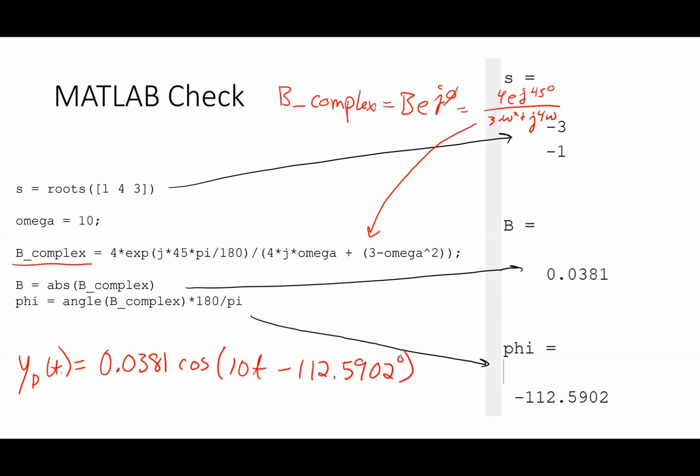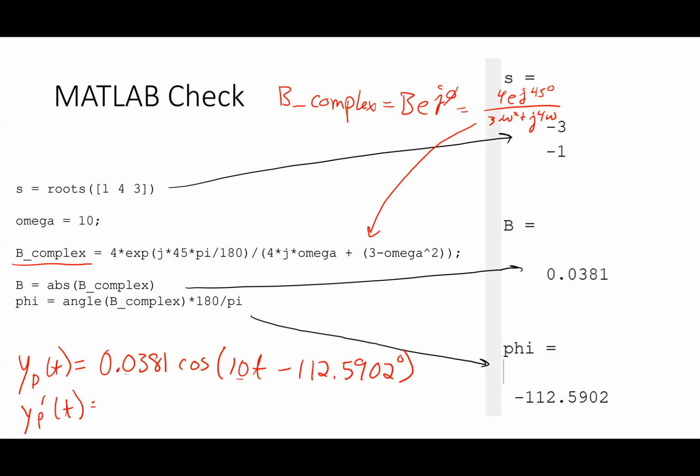How would I take the derivative of that? 0.0381 cosine 10t. What would the derivative of that be? Because you have to do that by hand, right? Yp prime of t. What would that be? Yeah, so the omega comes out, and because it's cosine, it's a negative.